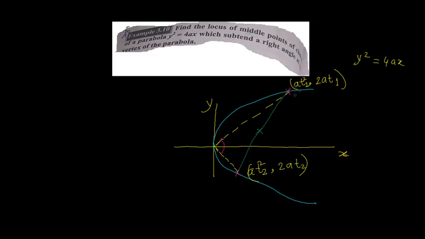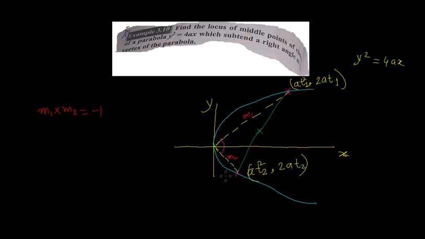Now this line is a chord. This chord is making 90 degrees over here. It means that if you find m1 of this line and you find m2 of this line, because these two lines are perpendicular to each other, m1 into m2 will be -1.